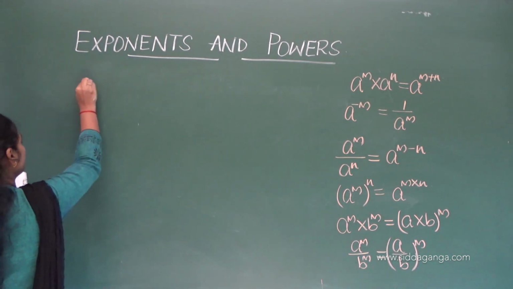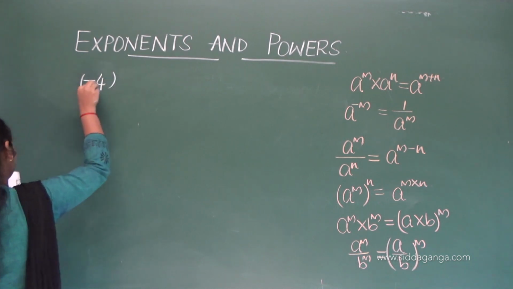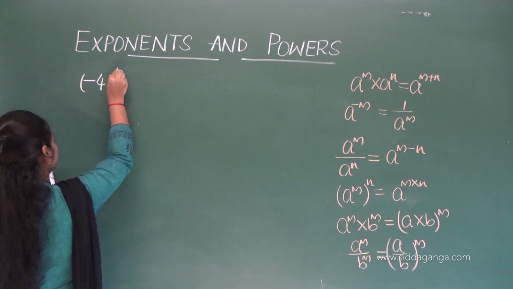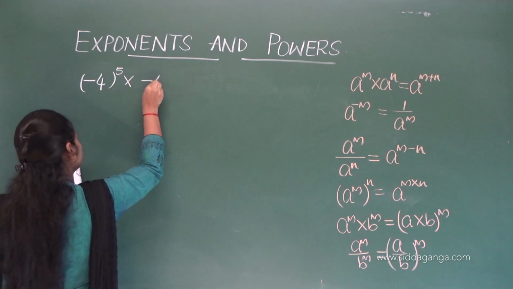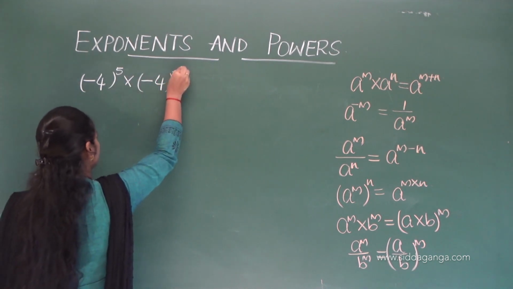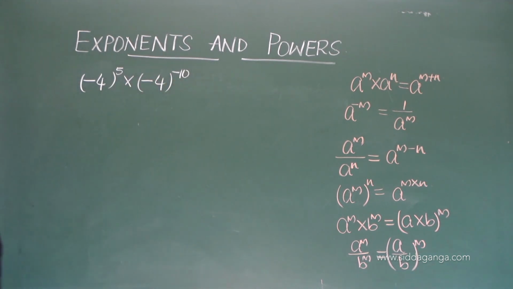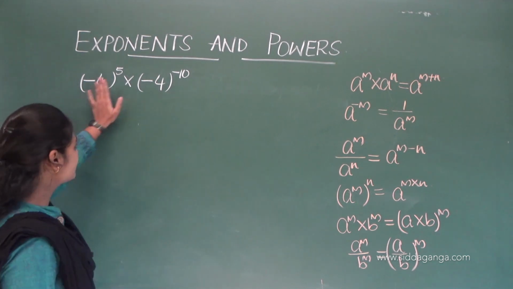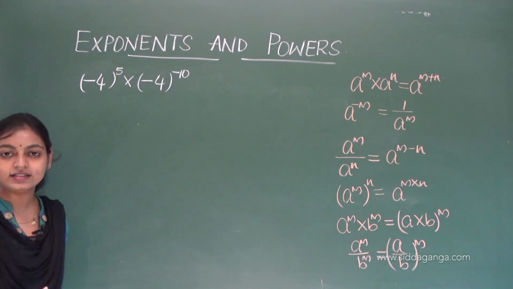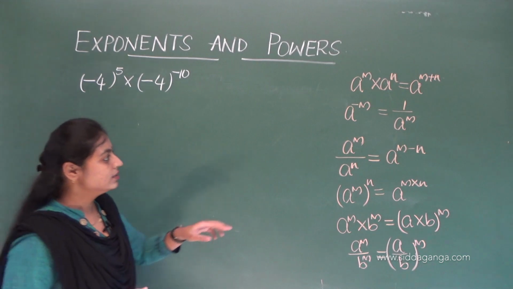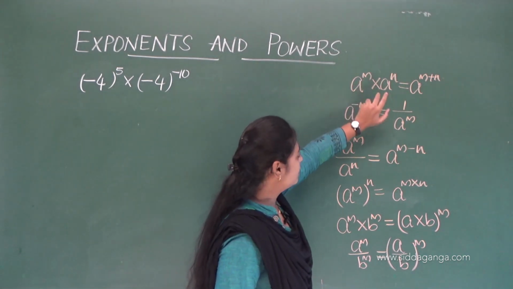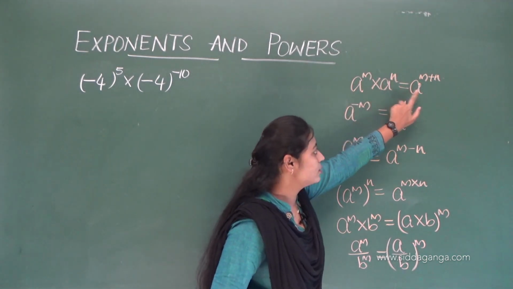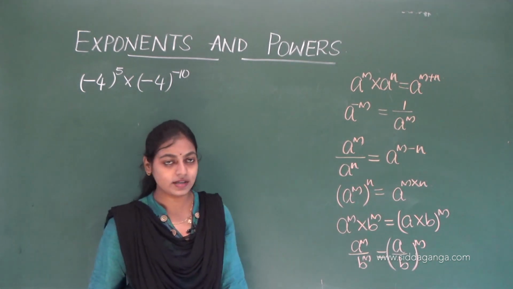Simplify minus 4 whole to the power of 5 into minus 4 whole to the power of minus 10. So when the bases are similar and the exponents are different, is there any rule? So a to the power of m into a to the power of n is equal to a raised to the power of m plus n.